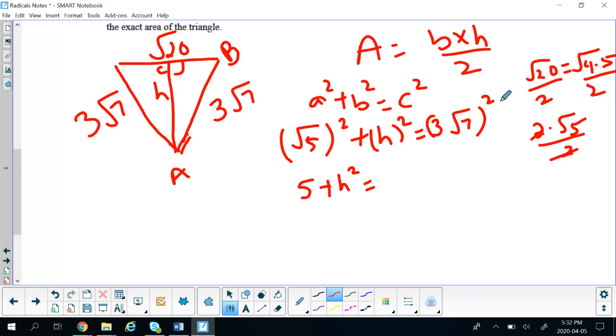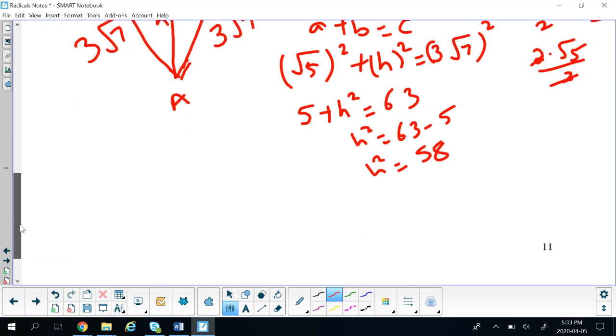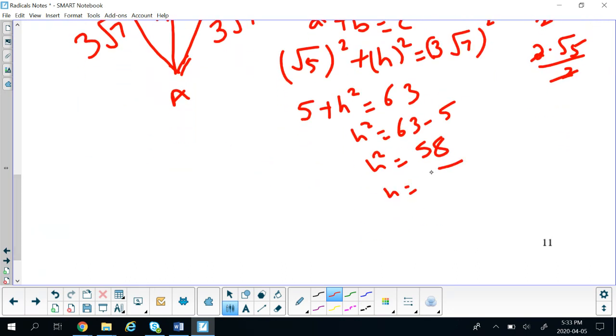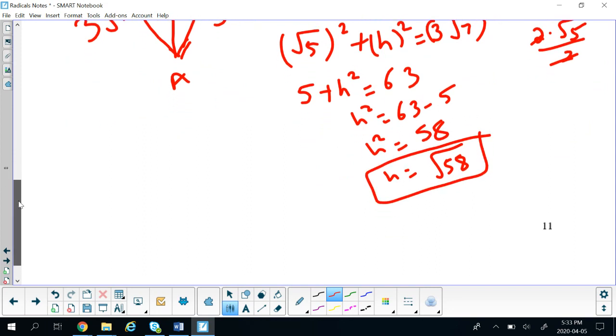Square root of 7 square is 7. So 9 times 7 is 63. So h square equal to 63 minus 5. So h square equal to 58. So h is equal to square root of 58. So we got our h. So we got our height of the triangle.